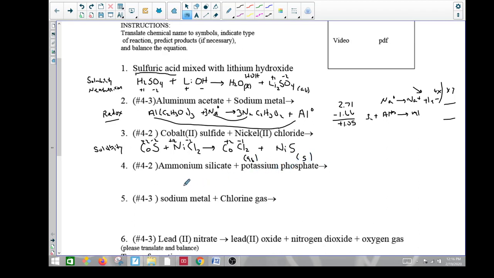All right, we have ammonium silicate, (NH4)2SiO3. Now that one I got off of my ion sheet, and if you aren't familiar with it, make sure you look it up. This is going to be potassium phosphate.